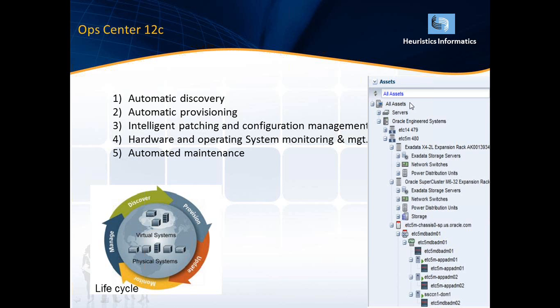Suppose I configure a single asset, meaning a single Elastic Cloud, now all the components under this single Elastic Cloud will be configured automatically. So we need not configure each and everything manually. Ops Center is designed so intelligently that it can provision each and every component automatically, update us, and monitor each and every component.